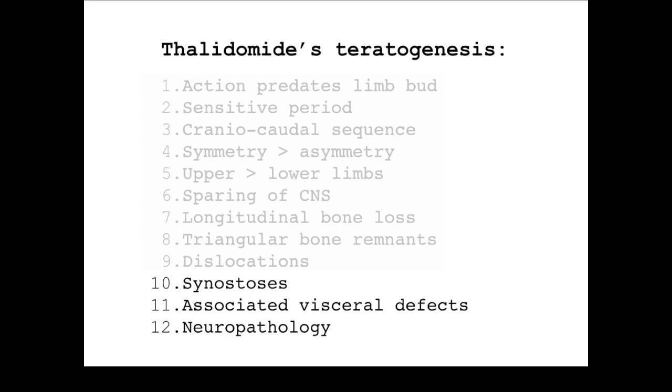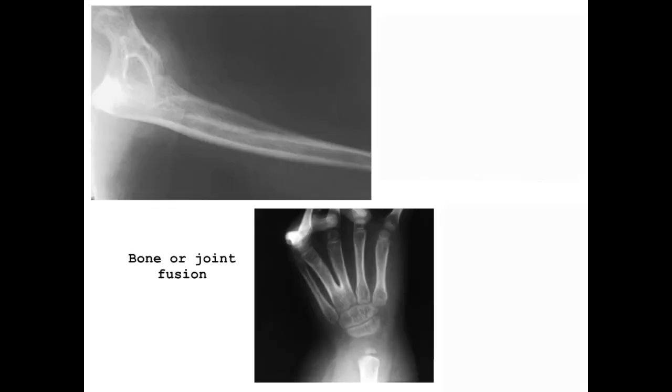Synostoses, or fusions between bones, were very common in the thalidomide series. And it makes sense if you remember that neurotrophism fails in injured nerves. Mitosis fails in the cells that are going to form the tissue from which the bones will evolve. So the mass of mesenchyme in that tissue is insufficient to complete the formation of separate bones.